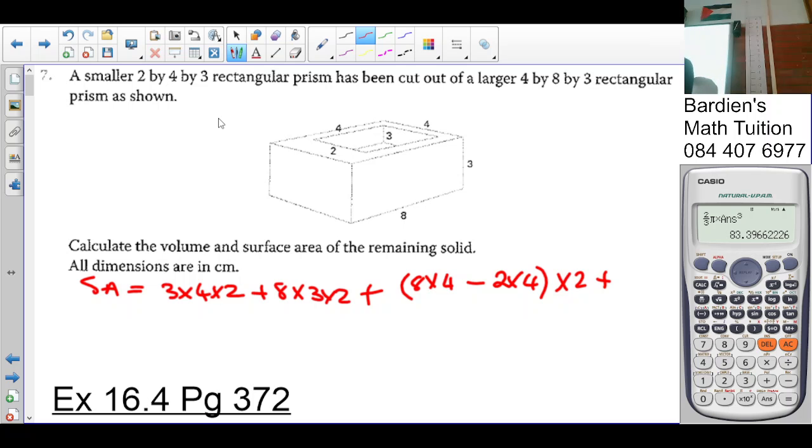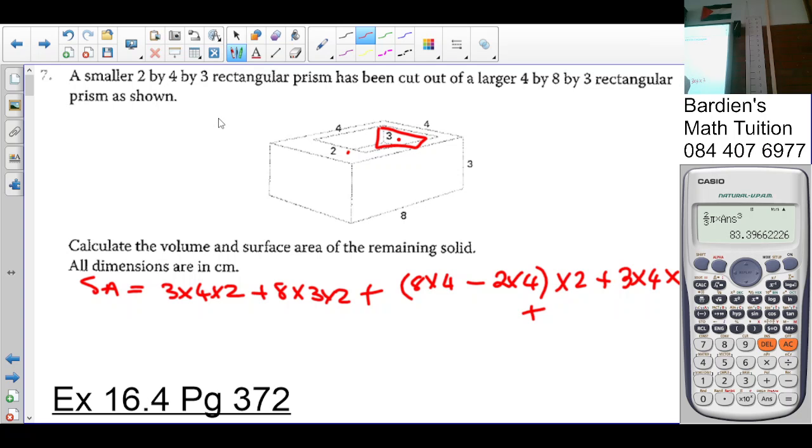Now you see this on the inside here. There's 1 there, which measures 3 by what? 3 times this rectangle there. 4. 3 times 4. How many of them are there? 2 of it. Plus this one here facing that side. There's 2 of that there.